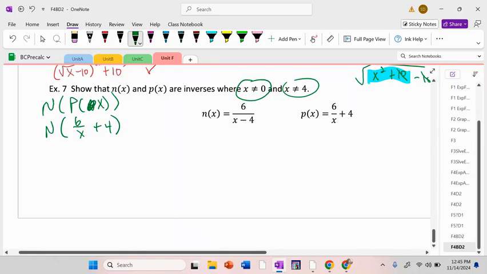So wherever there is an x in the N function, I've got to put 6 over x plus 4, minus 4. And I'll grab that highlighter again so we can see that.